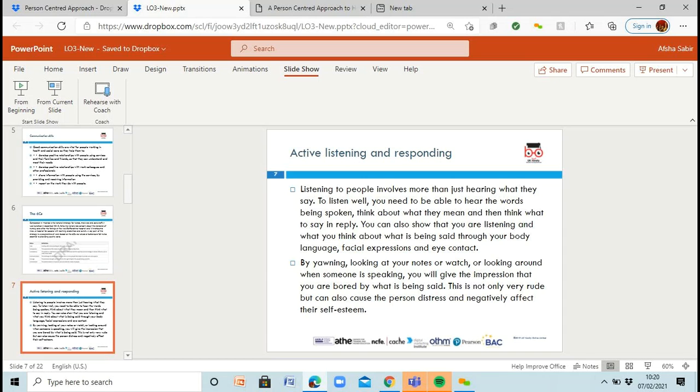It's rude, and you can cause that person distress. They can take it negatively. They can think, this healthcare professional, they're not bothered about me. Why am I trying to tell them my own problems? To avoid that, make sure that you've got your body facing towards them, you're giving them eye contact, and you've got a nice facial expression where you're showing interest.